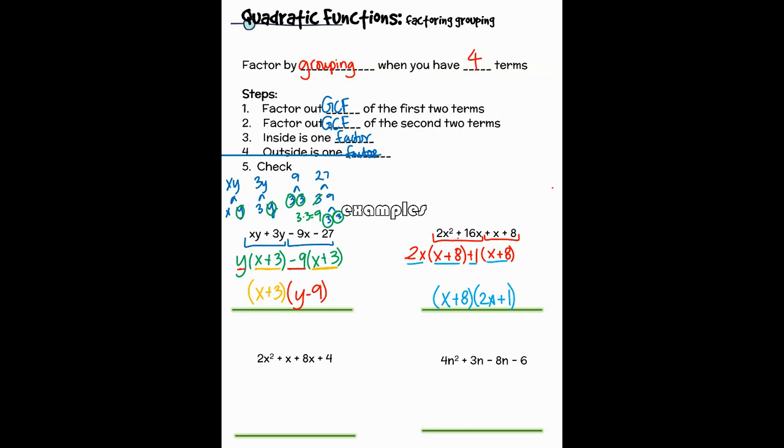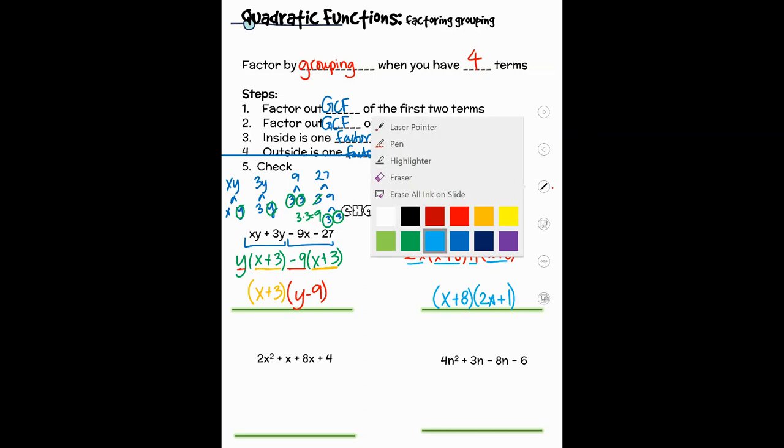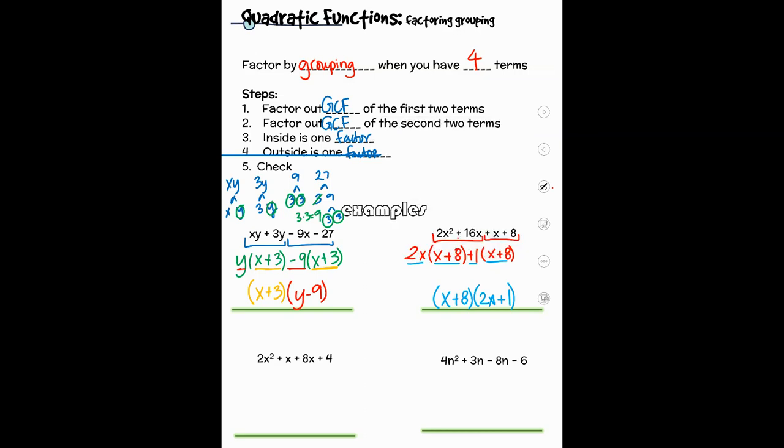How do I check this? How do I see if this is right? Well, remember the factors we're just multiplying, and if I multiply these out or expand them, then I should end up with this. So x times 2x is 2x squared. x times 1 is just a positive x.